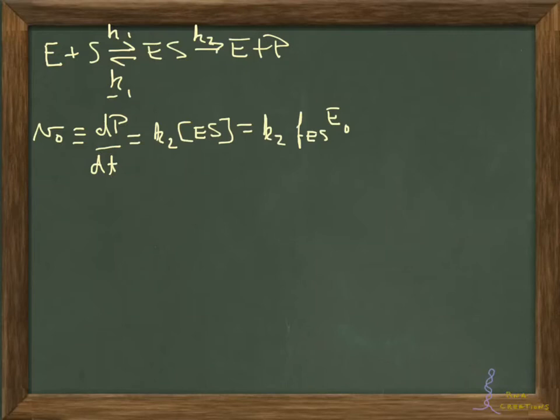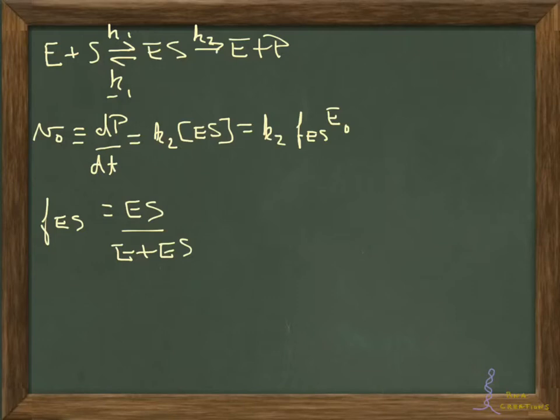And let's just show that we can rederive the Michaelis-Menten equation if we use this approach. And so let's write down the equation for FES: ES over E plus ES. And now what I'd like to do is get this in terms of Km.